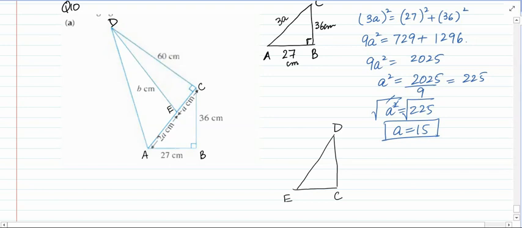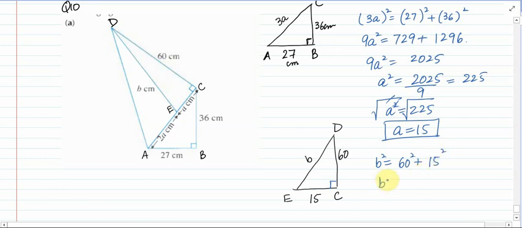In ECD, the EC length is A and A is known, that is 15 centimeter, CD is 60 and ED is basically B. So again the same pattern, apply Pythagoras, that is our 90 degree. So B square is equal to 60 square plus 15 square.